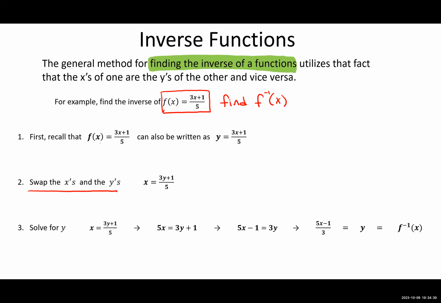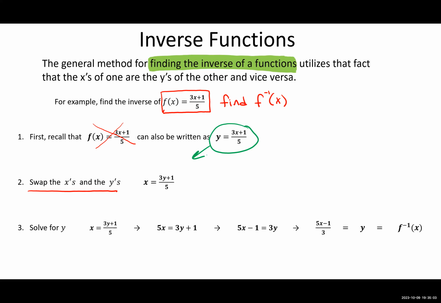And we're going to be working with an equation here. We're going to need both sides. So we're not going to use function notation. We're not going to use f of x equals. We're going to use y equals notation. This way we could treat it like an equation and work with both sides of the equation.